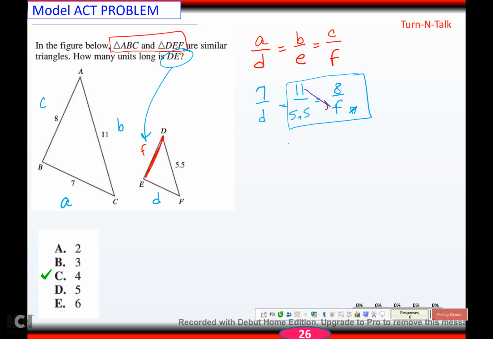The product of the extremes would be 11 times f equals the product of my means, which is 5.5 times 8. That gives me 11f equals 44. Divide by 11, and I get f equals 4. Okay?